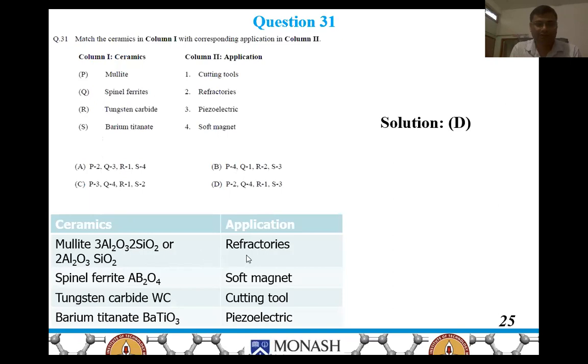This is used in refractories, and spinel ferrite, AB2O4, is used as a soft magnet, and tungsten carbide, as you know, is a very hard material, so it's used as a cutting tool, and barium titanate, BaTiO3, is used as a piezoelectric material. So the correct answer is D.